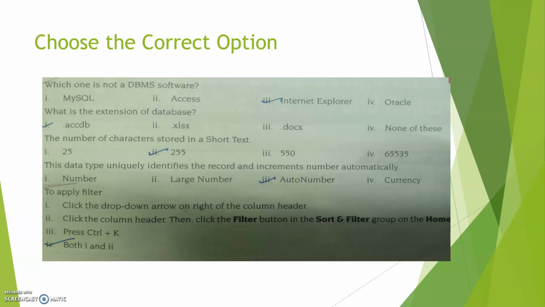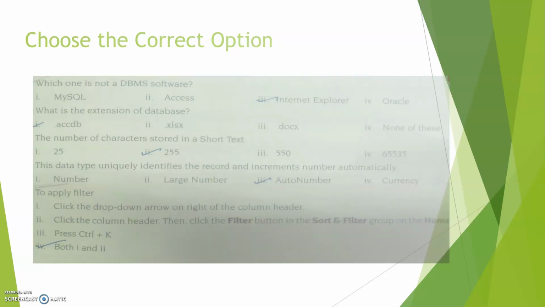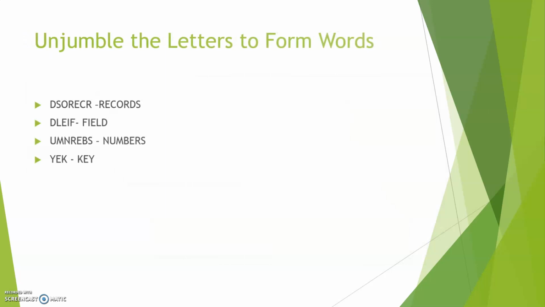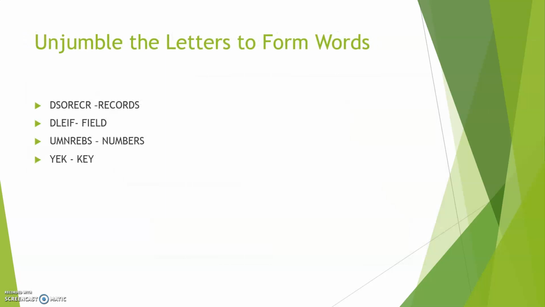So, then I have asked some more types of questions. Just we can go through it once. So, listen here very carefully. The next type of question I have asked for your exam is unjumble the letters to form words. I have given some letters. Have you seen here? D, S, O, R, E, C, R. So in the similar manner, in the question paper also, I will give some other words, not this word.